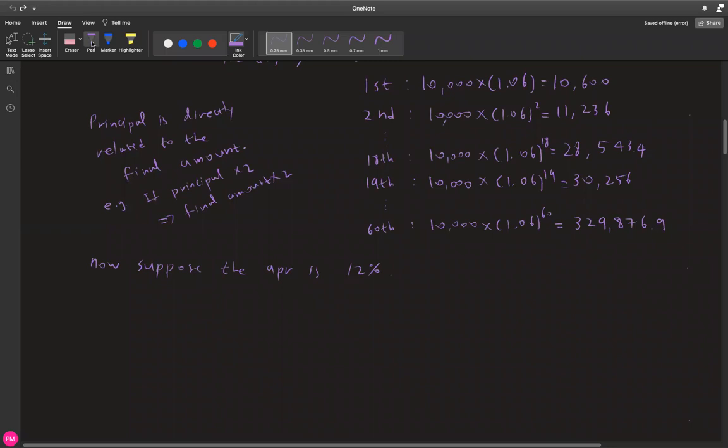If it's the 12%, then obviously the R in this case would be 0.12 in decimal. And on your 18th birthday, you would have $5,000 multiplied by 1.12 to the power of 18.